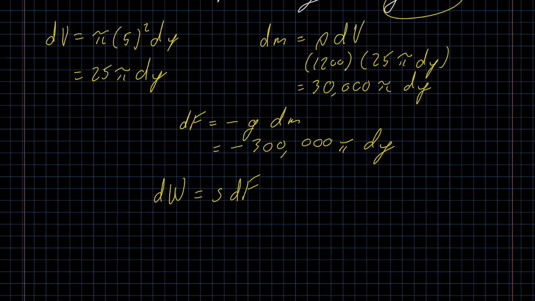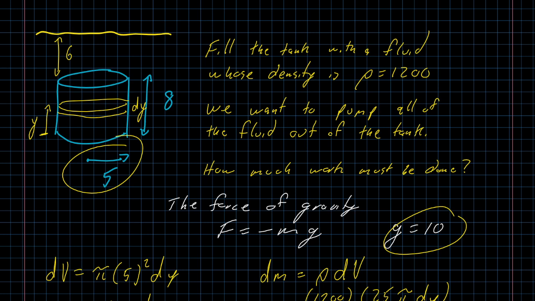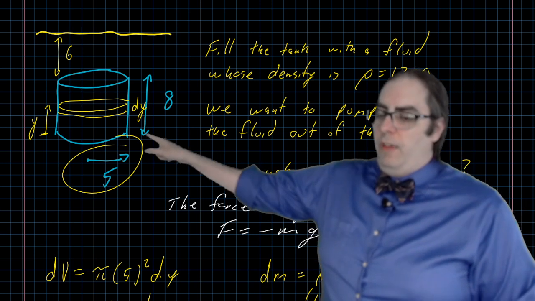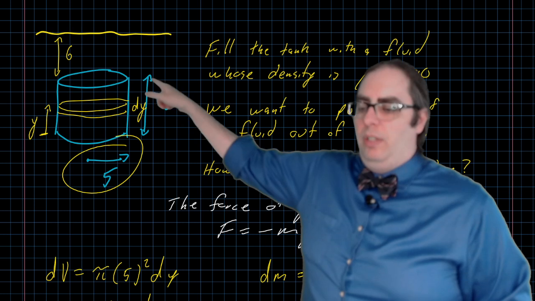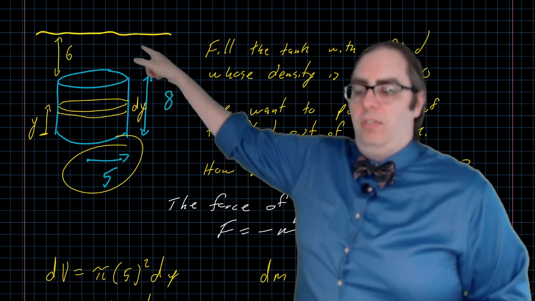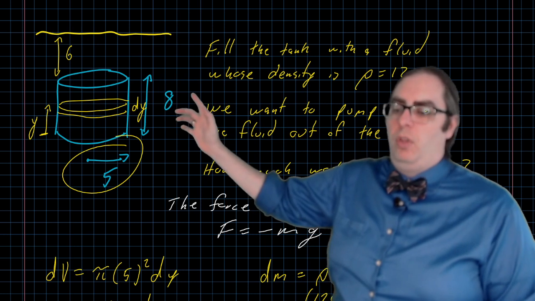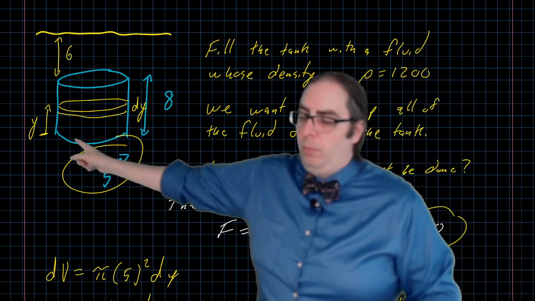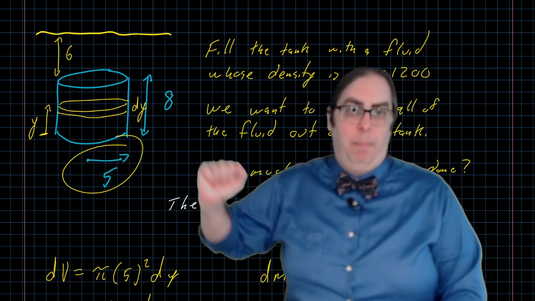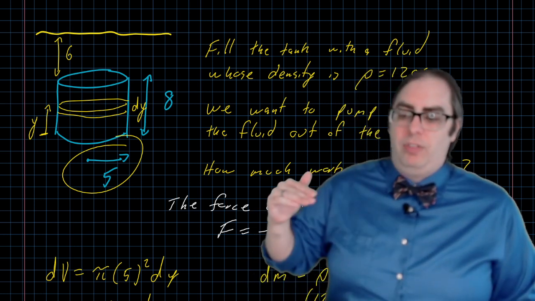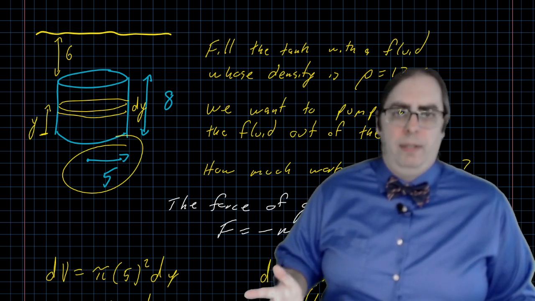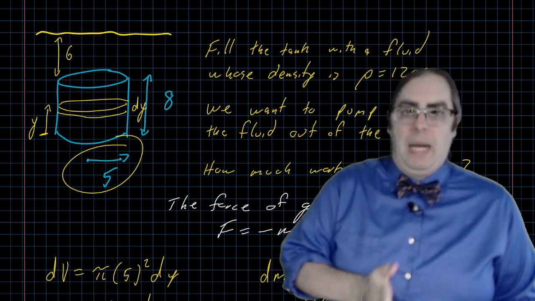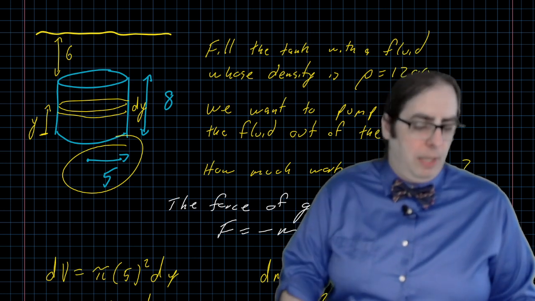Well, the distance it needs to go, if I scroll back up and look at my tank: if the disk we care about is at the bottom of the tank, it has to go a distance of 8 and then a distance of 6. But it doesn't have to go the full distance because I've assumed it's already a distance y above the bottom. So it has to go a distance 8 and a distance 6, but we've already gone a distance y. So 8 plus 6 minus y, or 14 minus y.